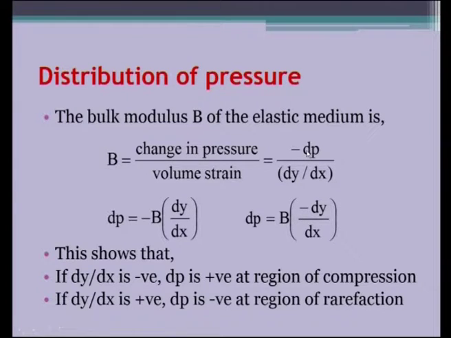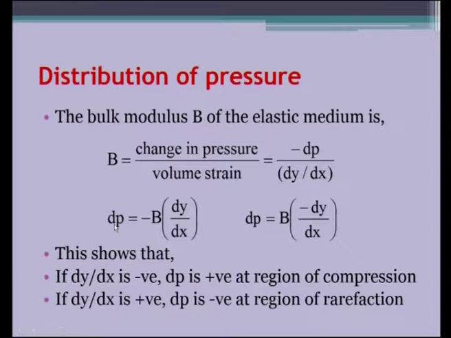So, we have brought in the dP here. The minus sign says the definition, when the pressure is decreasing, the strain will increase. So, these two are varying in a opposite sense. So, that is the meaning of this minus sign.